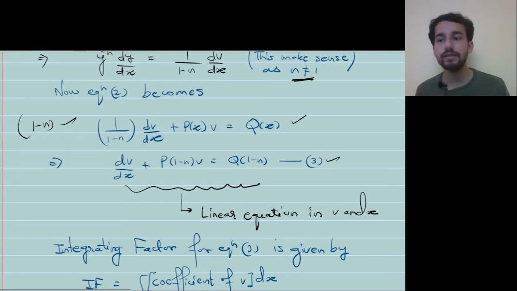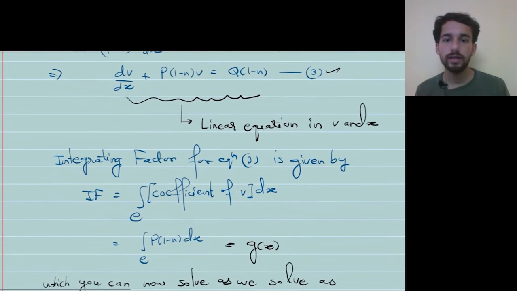And now it is a very simple, I would say, linear differential equation in v and x, which you can easily solve by first calculating its integrating factor, and then the general solution will look like this: v times integrating factor equals the integral of the right hand side, whatever it is, you call it some, say, r.